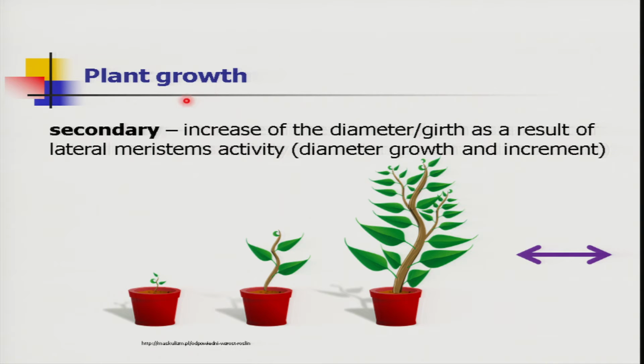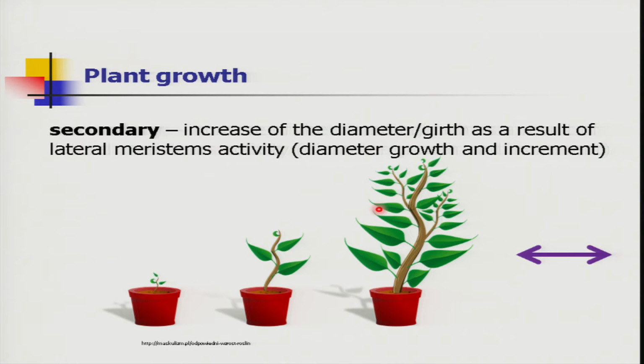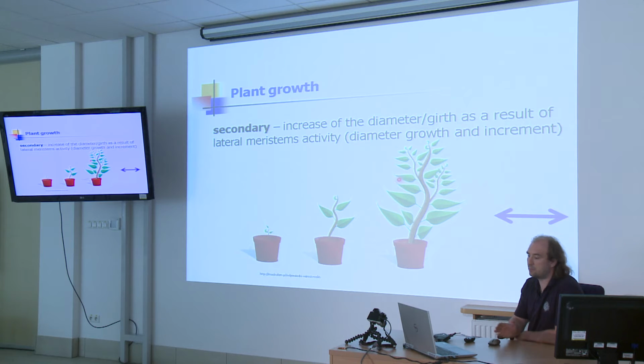And those two types of growth, primary and secondary, the height and the diameter growth, coincide. They happen at the same time. Sometimes one is more profound, and trees or plants invest more in getting higher than getting thicker.